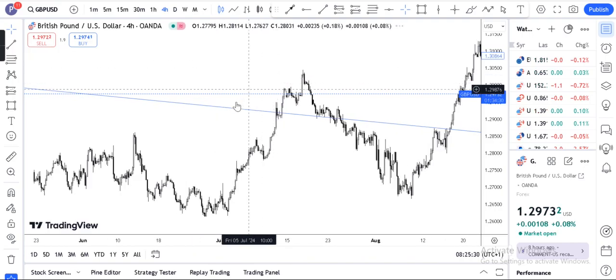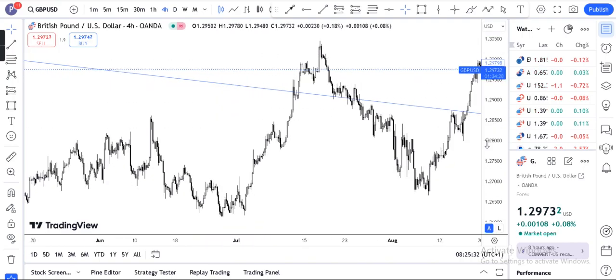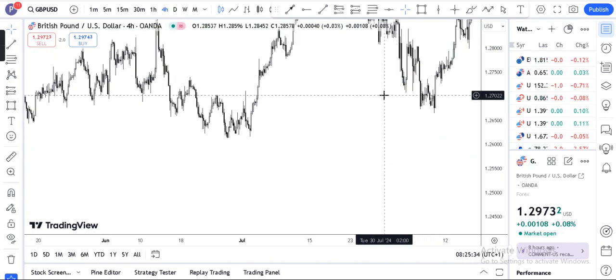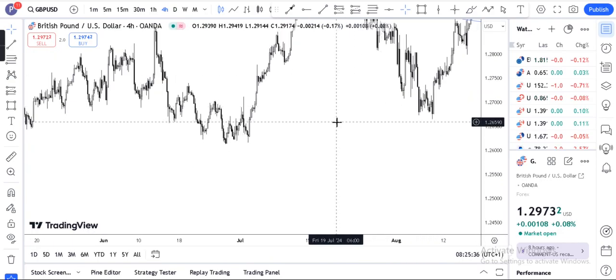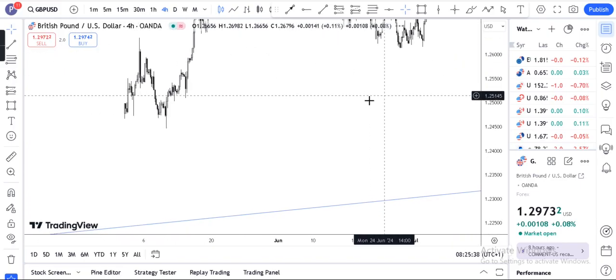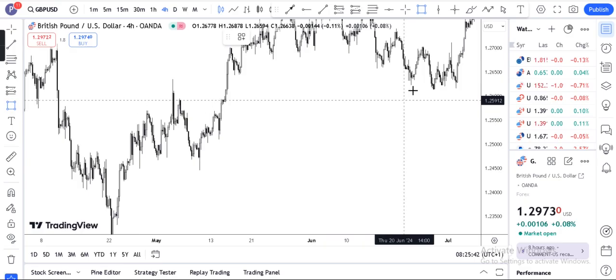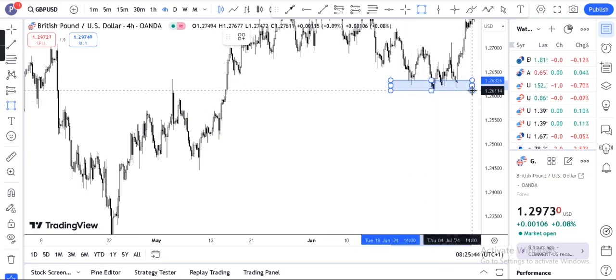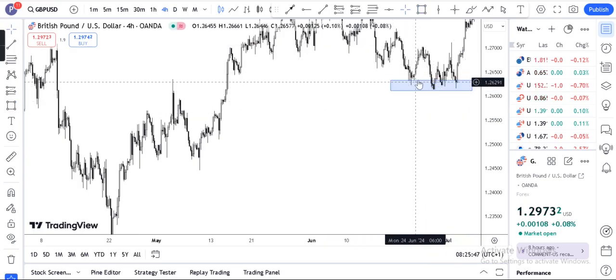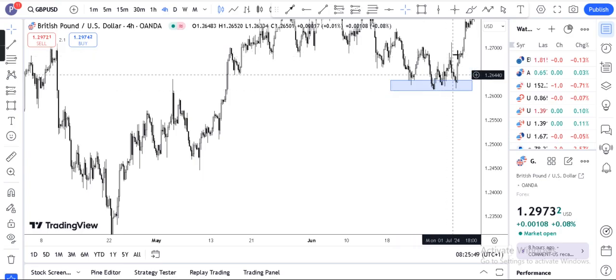On the 4 hour time frame, you can see another level here. This is a support level. Whenever the market came into that level, it pushed up, came into that level, it pushed up.